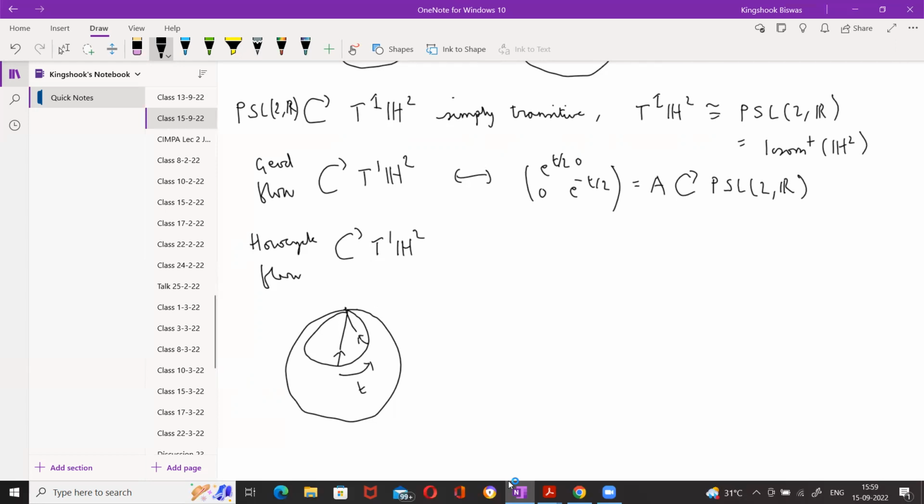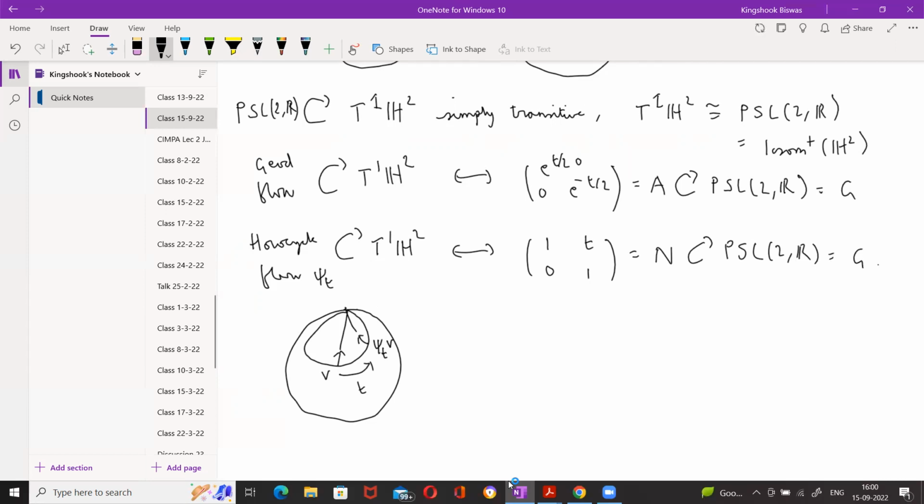So if this is V, and the horocycle flow is psi t, then this is psi t of V. This is the horocycle flow. It corresponds to the action of the parabolic subgroup (1 t; 0 1), your N group, acting on G, PSL2R.